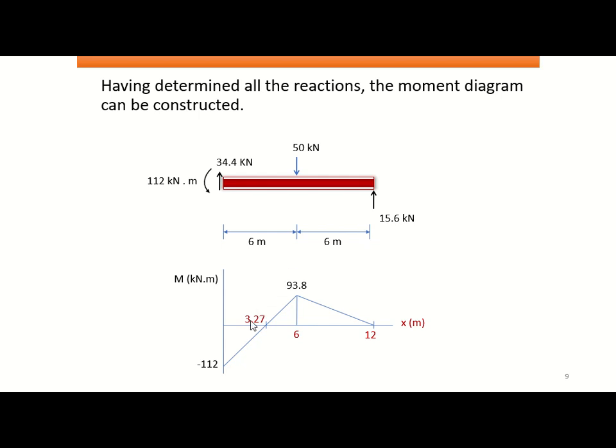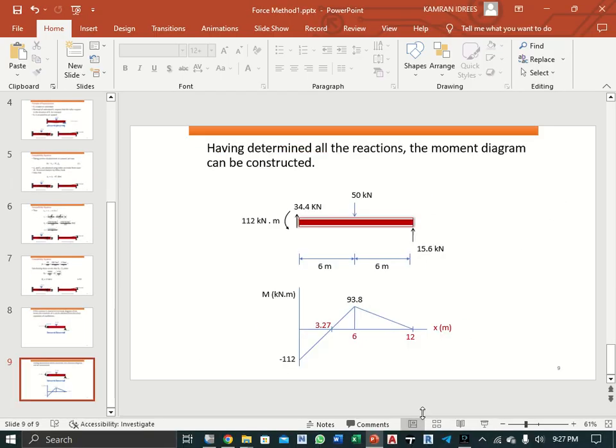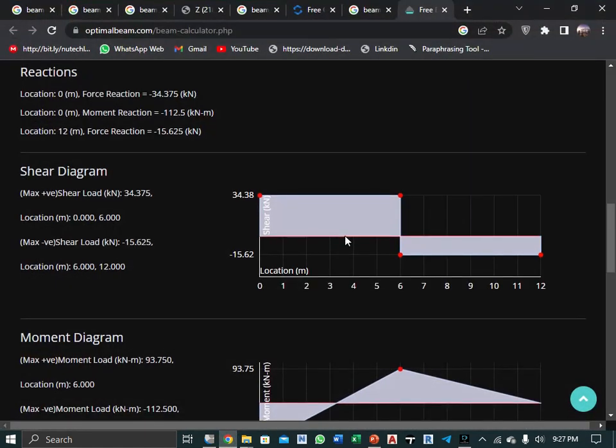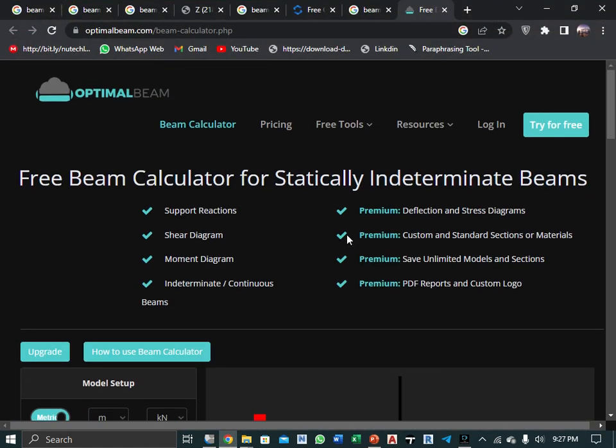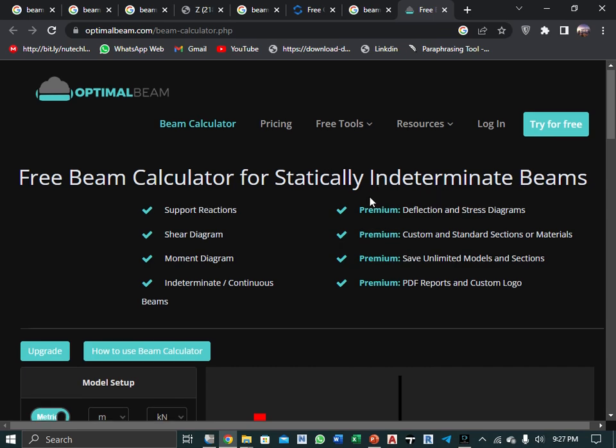Now we need to draw the shear force and bending moment diagrams. You can solve them easily, but I can give you one more trick. You can just go to Google and open the beam calculator. It's a smart trick which most engineers use.